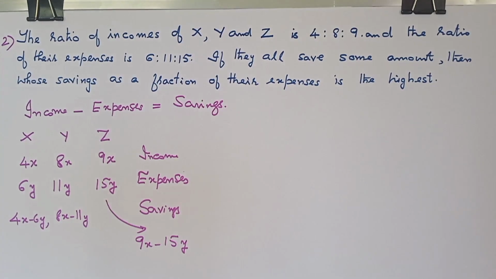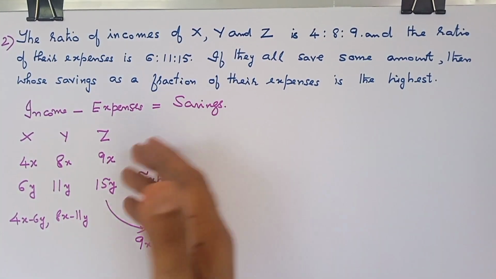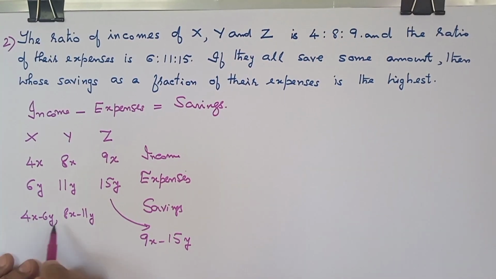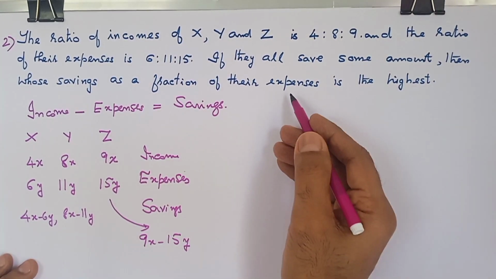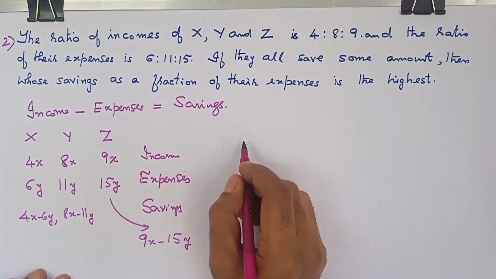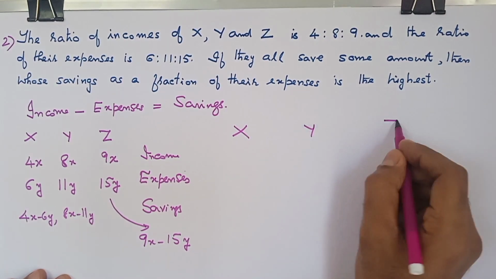These are the savings. Now, the question is about what? They all save some amount. Whose savings as a fraction of their expenses? Okay, now let's divide each of their savings by the corresponding expenses to get what they want. So let me write again x, y, z.